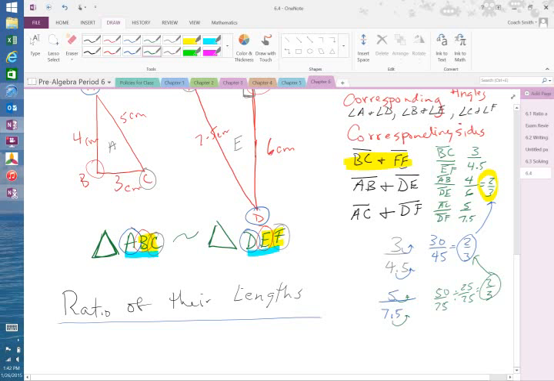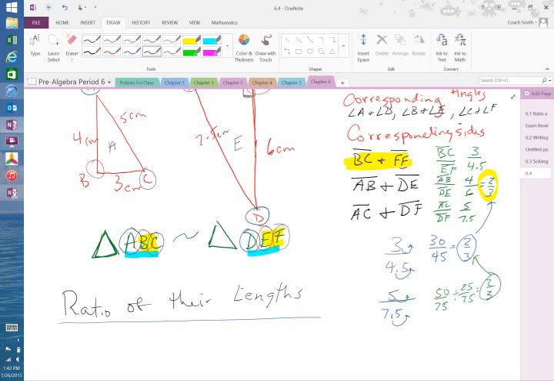So that proves that the triangles are similar, because each one of their ratios of the corresponding sides is the same. So the answer to the problem would be 2/3. That's the ratio of their lengths.